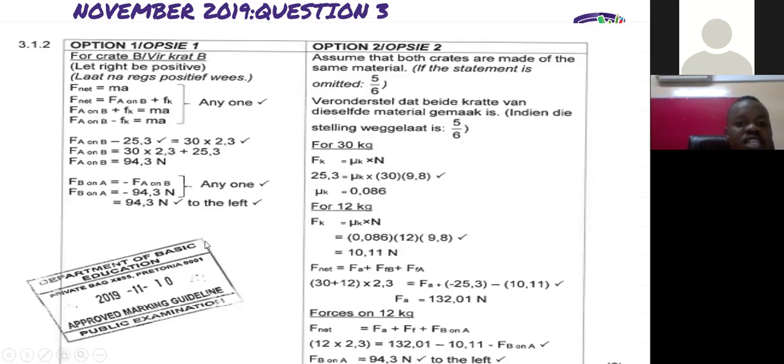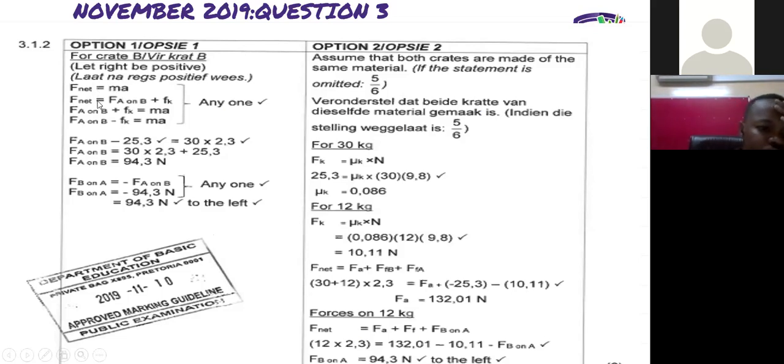I'm interested in the forces that are acting on crate A. But remember again, the forces that are acting on crate B and so on due to A, they will still give us the same answer. Are we clear, my dear learners? So let us start there.